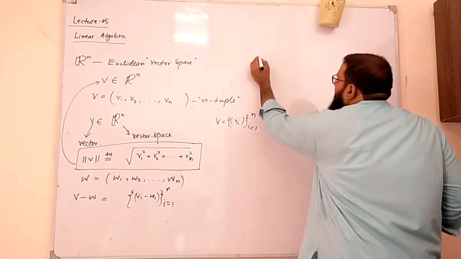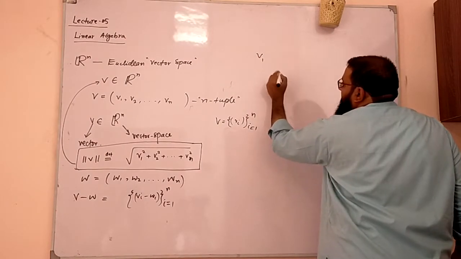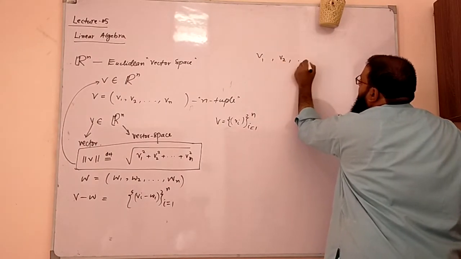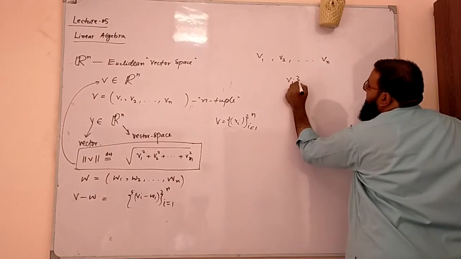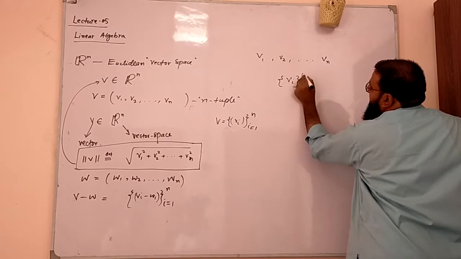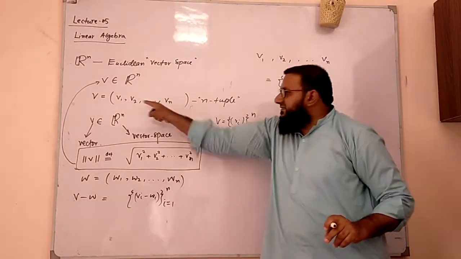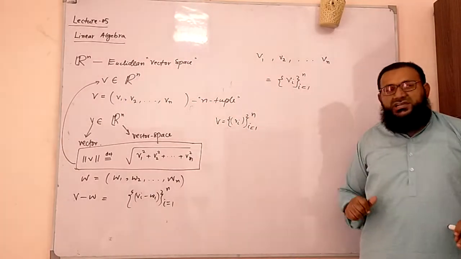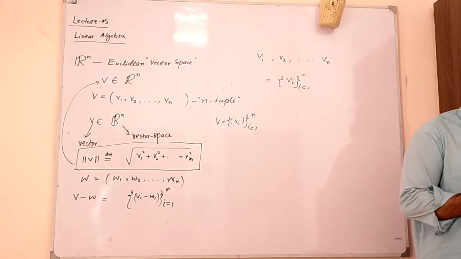Say v1 is a vector, v2 is a vector, and vn is a vector. Then I can write that I have a set of vectors. That is fine. But this is a single vector with these components, so it is better not to write it this way, but okay, for compactification we can write it this way.